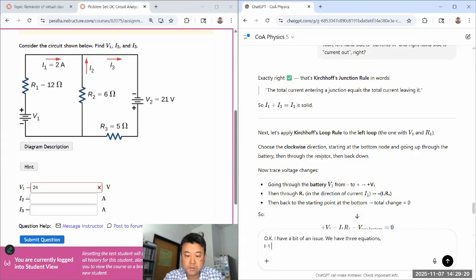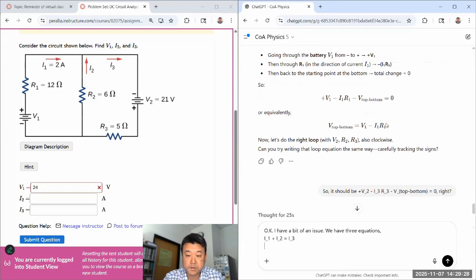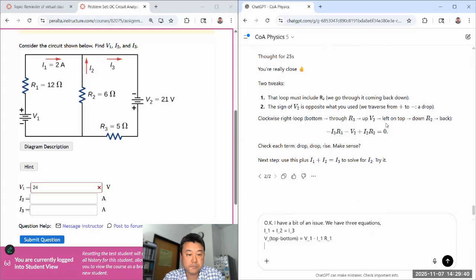This one, I1 plus I2 is equal to I3, and then we have this equation here, V top bottom is equal to V1 minus I1 R1, and then the equation that was suggested just now, minus I3 R3 minus V2 plus I2 R2.